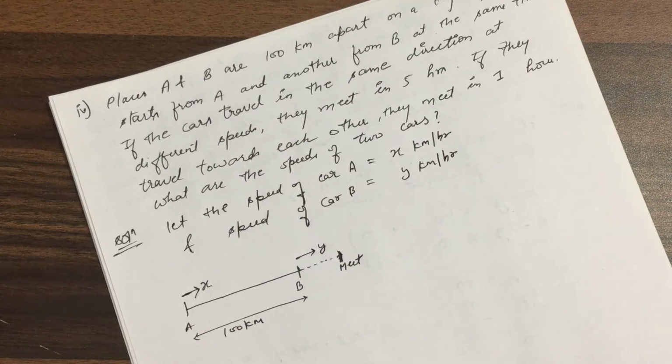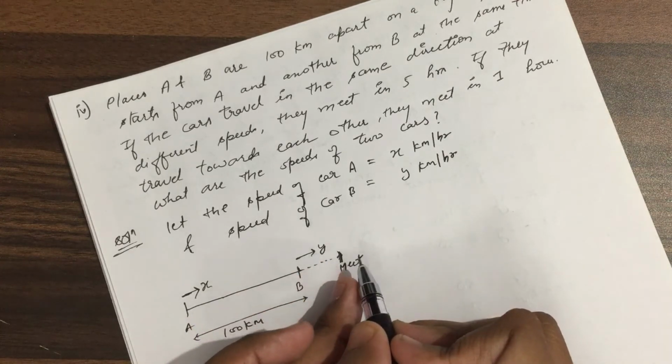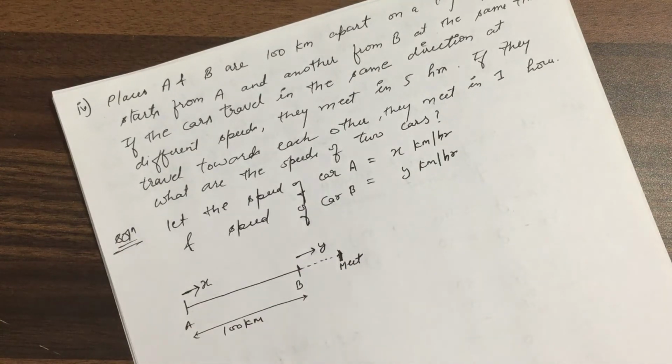Now we know the concept of relative velocity. When they travel in the same direction, their relative velocity will be x minus y. Initially their separation was 100 km, and when they met, their separation was 0 km. So the total distance reduced is 100 km.